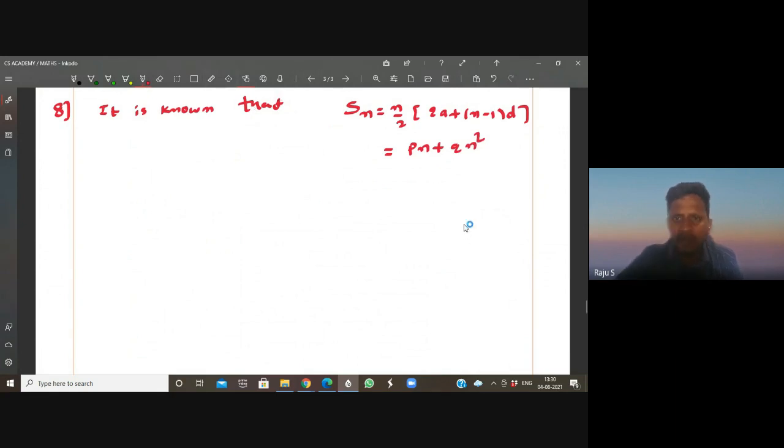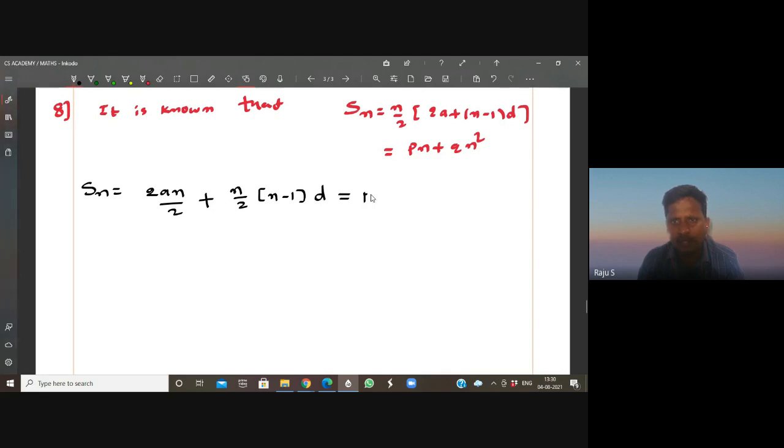Okay, fine. You can compare on both sides. Comparing on both sides, you are going to get d. So Sn is equal to n by 2 times 2a plus n by 2 times n minus 1 into d.